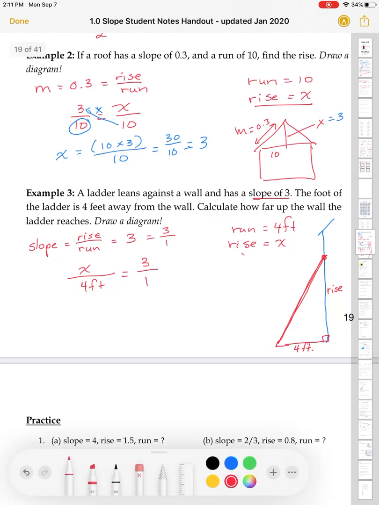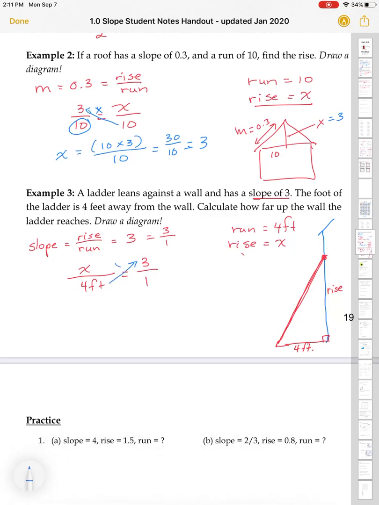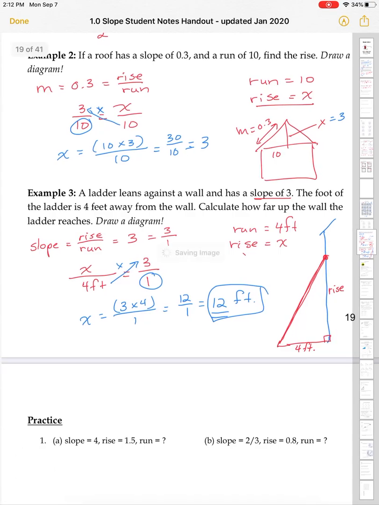That's how I can convert it to a fraction. So then I'm going to cross multiply and divide, and when I do that, I'll get x is equal to 3 times 4 divided by 1. Well, that's 12 over 1, which is equal to 12. And it's going to be in feet because I have to have them in the same units.